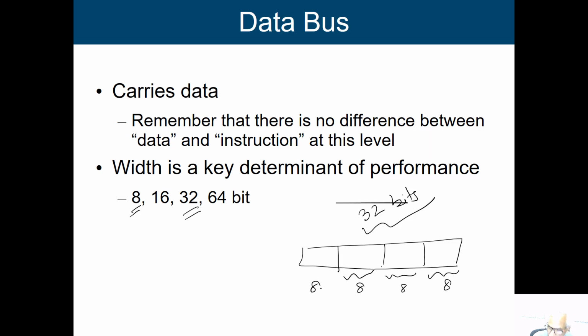So, 8 4s are 32. We need 4 different steps to transfer the same 32 bits of information if the size of my data bus is 8 bits. So, you just see, if I am having a bigger data bus, say a 32 bit data bus, then all those 32 bits can be transferred in one go. So, these are the issues that we have.